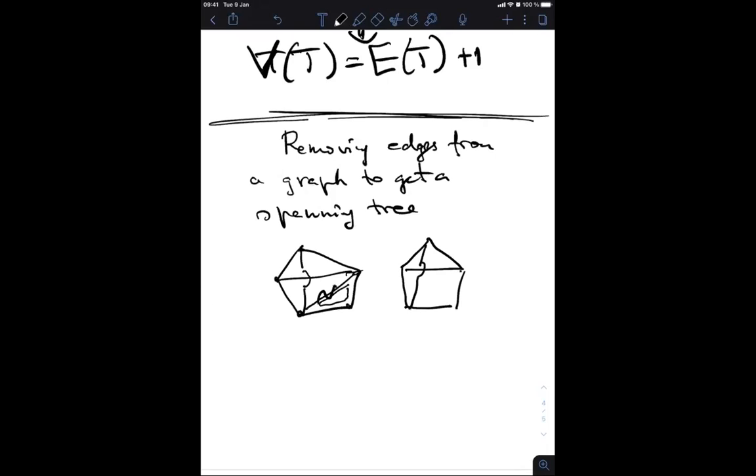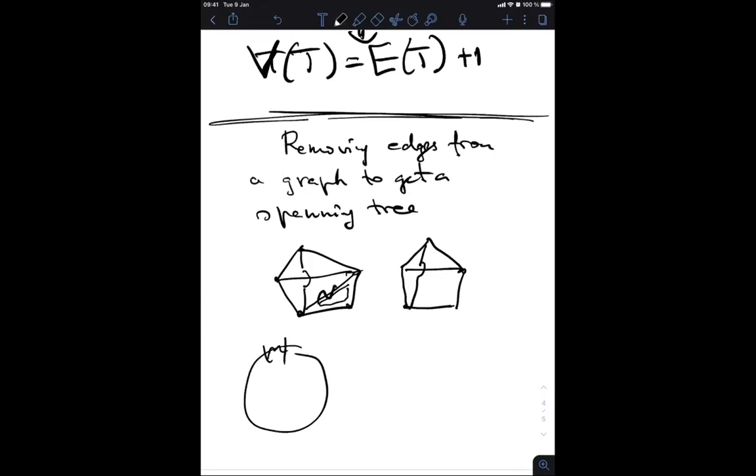It's still connected because I'm removing one edge in a cycle. The remaining vertices can still be connected by a single path. So that means that doing this, I'm not destroying the property of being connected.